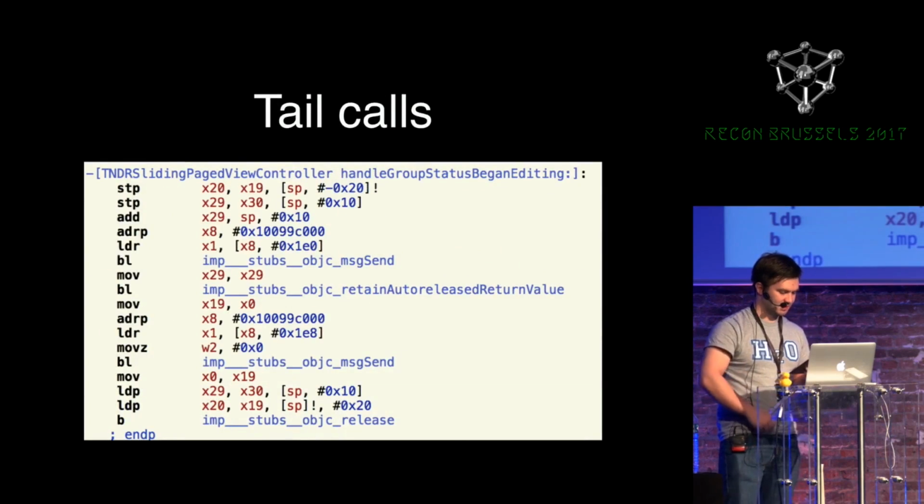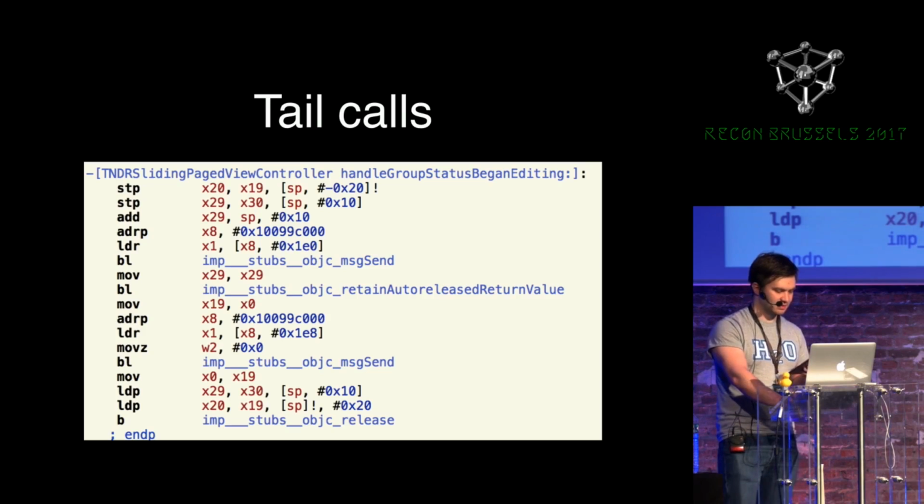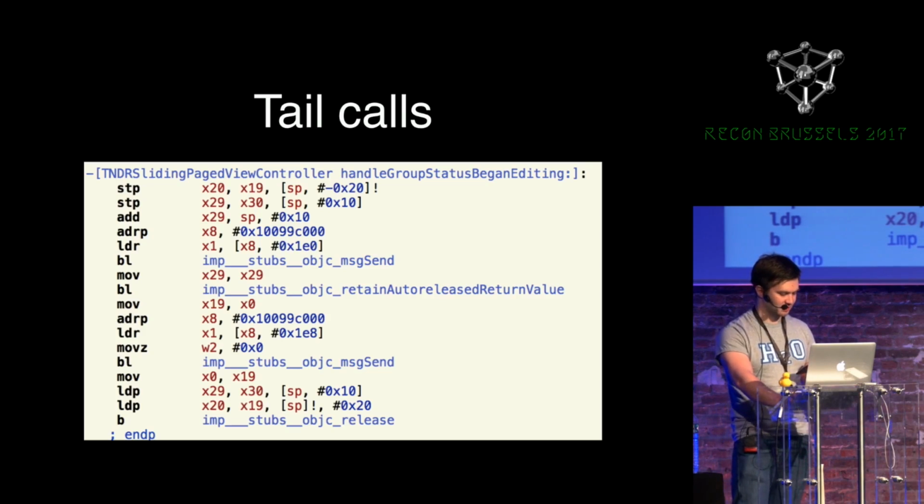Functions in ARM often end with a tail call, which also should be accounted for in the CFG recovery. This is an example of idiomatic code for an iOS application. A function concludes with a tail call to objc_release. So we should take special care about it.